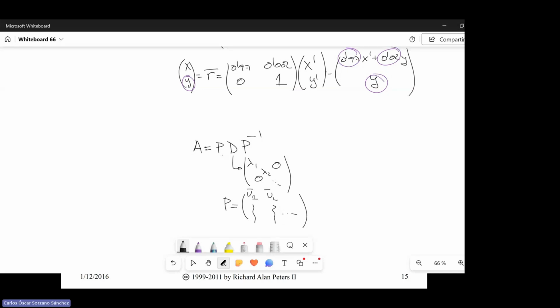These values and vectors are such that when you multiply by one of these vectors, you get the same vector, but multiplied by something. These are called the eigenvalues and the eigenvectors. Valore proprio.